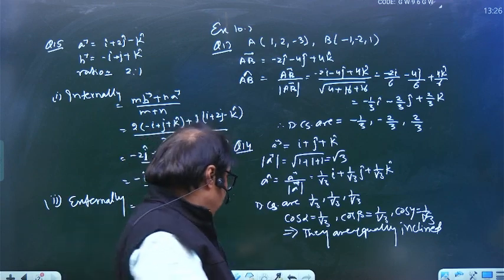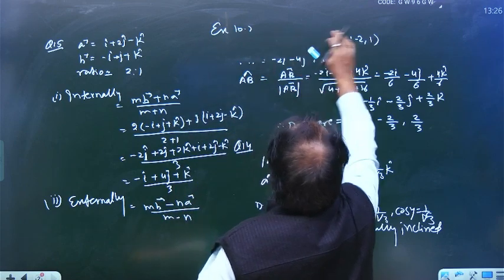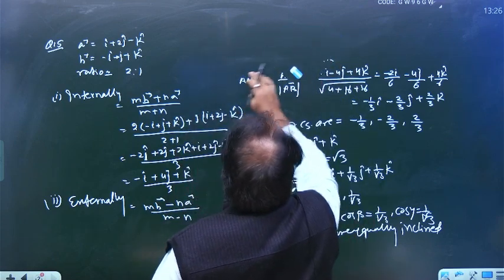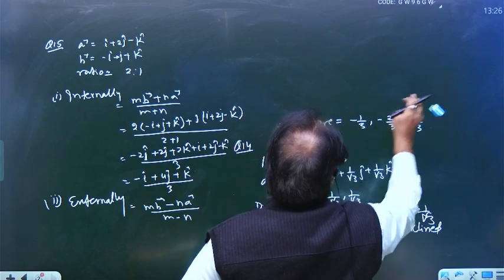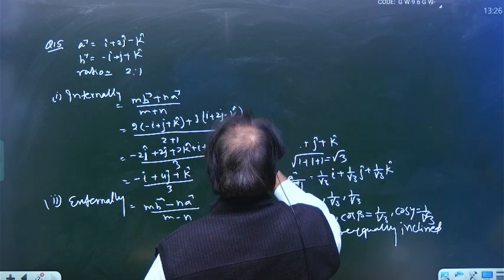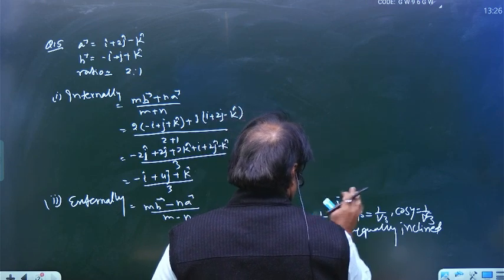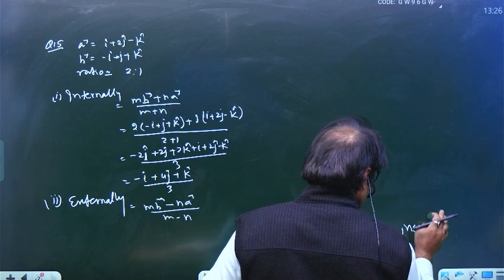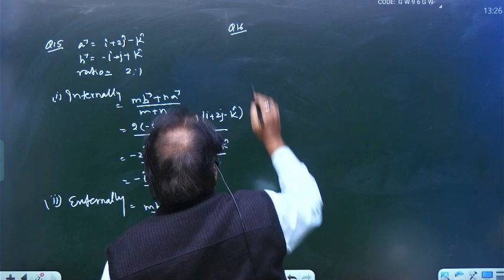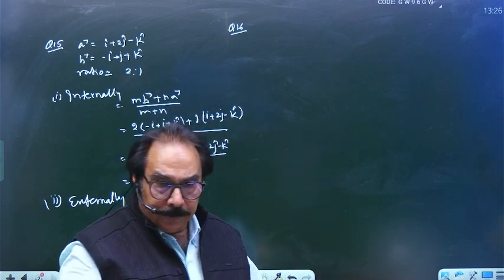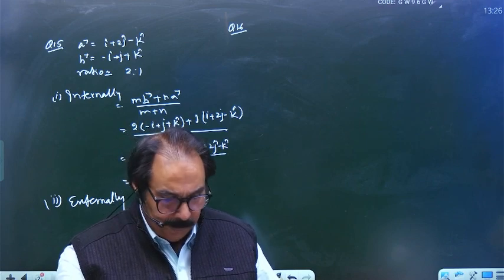Now the next question is question number 16. The 16th question is: find the position vector of the midpoint of the line joining these two vectors.